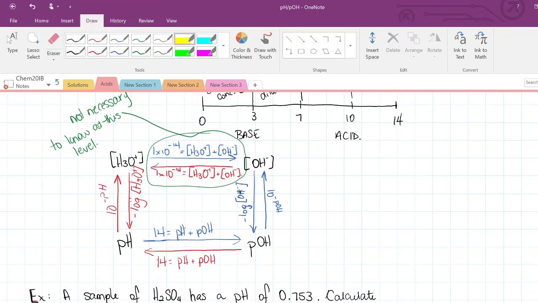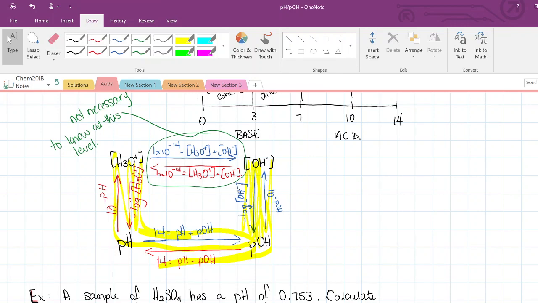Specifically, what's going to be important is this under section here. This portion up here that I've circled in green is important, and you're welcome to use it at this point, but you're not really going to delve into this section until you get into the next level.